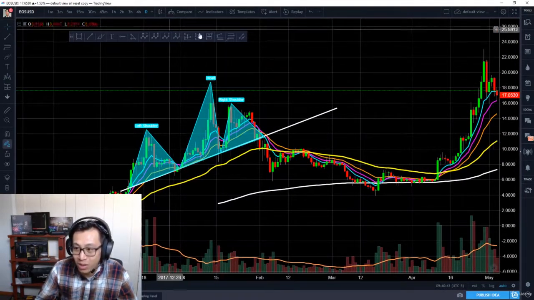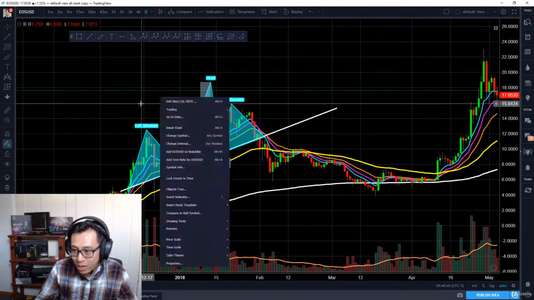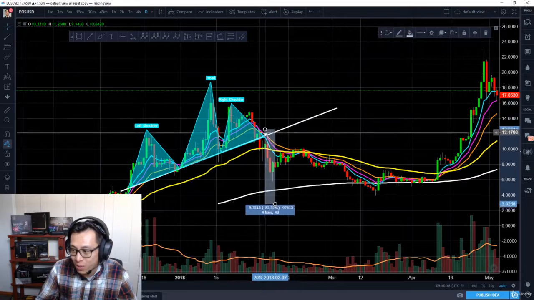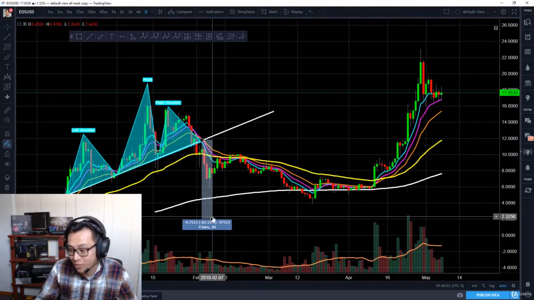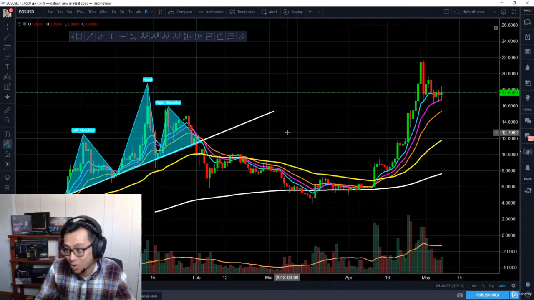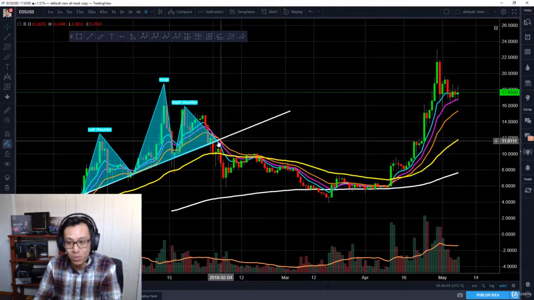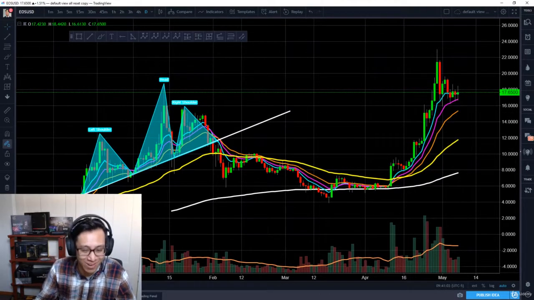They target about the height of the head, just as a general guideline. And then when it breaks down, they put their target roughly down over here, right? Now, it never actually got that far, right? But nevertheless, it was a general guideline of what we use. So that is basically what we call a cup and handle pattern. And, sorry, a head and shoulders pattern right there.